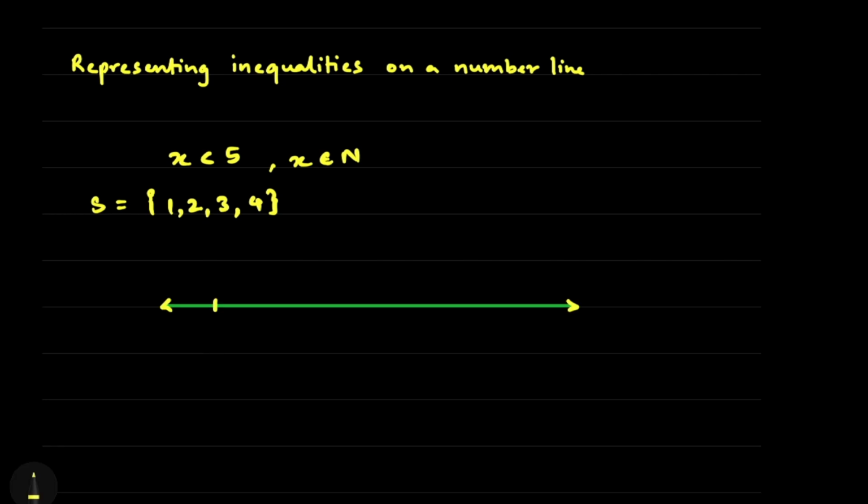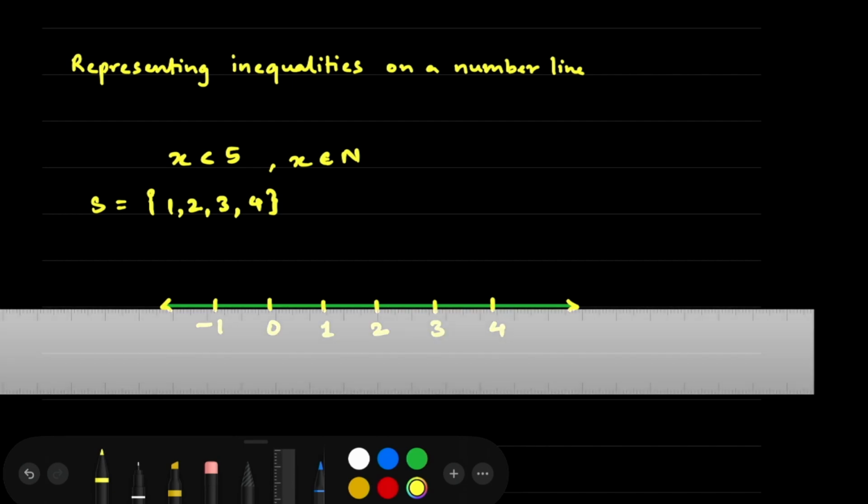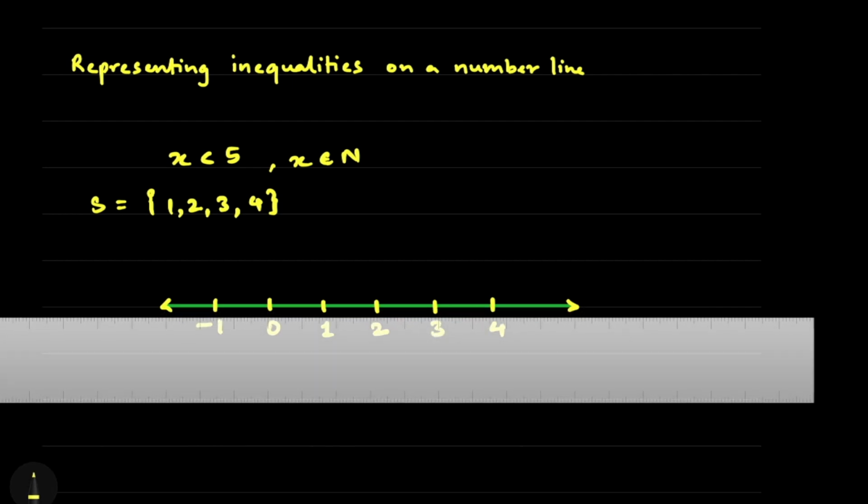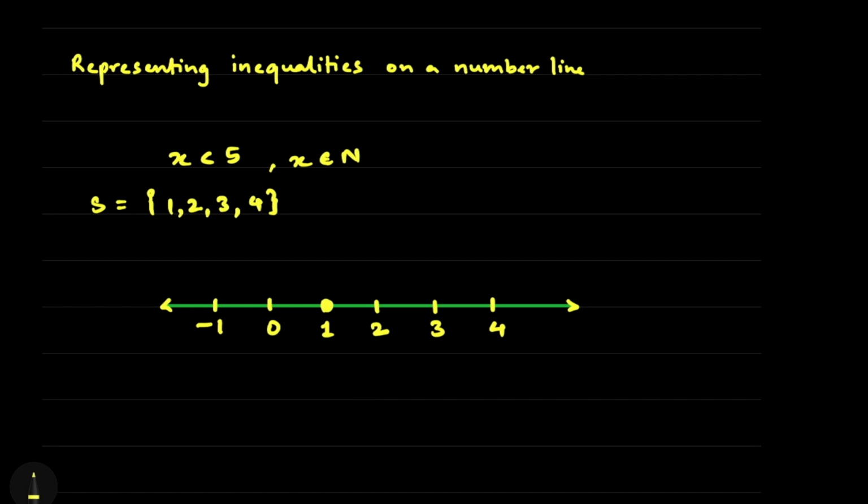So we have -1, 0, 1, 2, 3, 4, and so on. Because our solution is 1, 2, 3, and 4, our answers would be highlighted as this: 1, 2, 3, and 4. So that's how we represent x less than 5 on this number line.